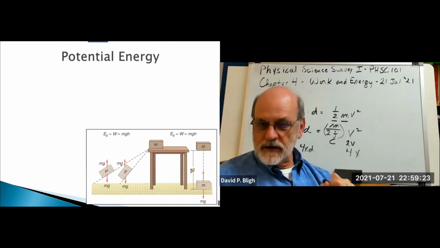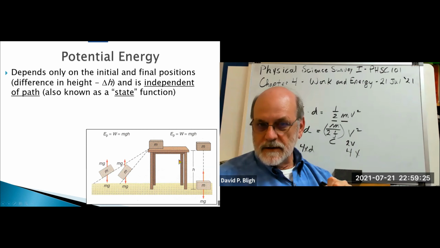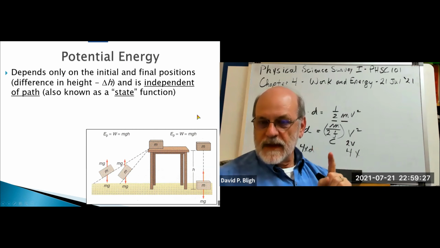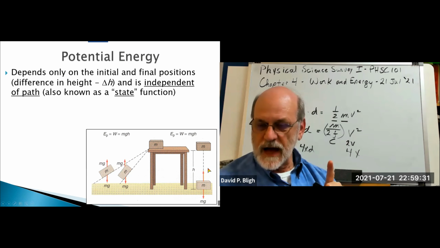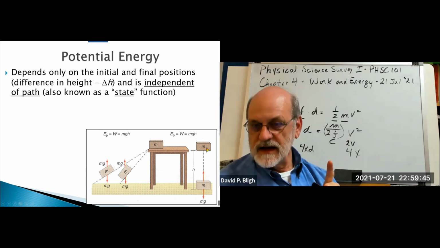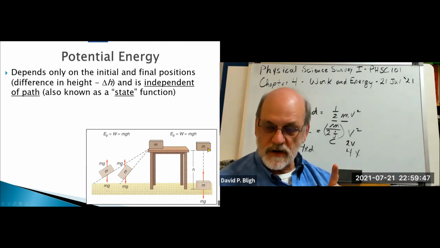Now, this illustration says that the potential energy stored in this object is by virtue of its change in vertical height against that pull of gravity. It doesn't matter how it gets there. It can go from an angle of any type to that same height, and the amount of energy stored is exactly the same.